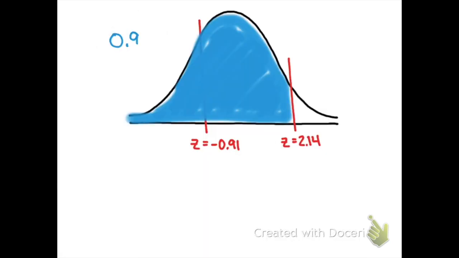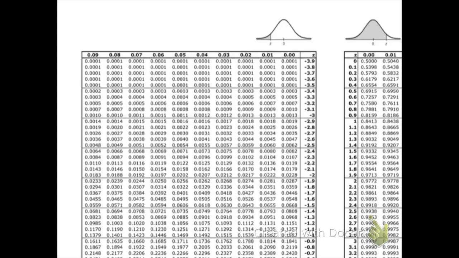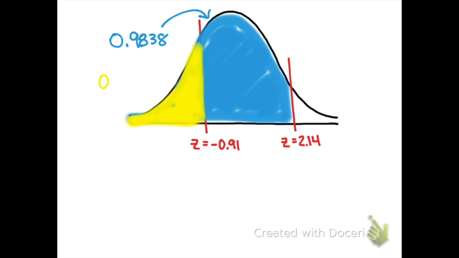So the area shaded here to the left of z equals 2.14 is 0.9838, but this is not the area that we're looking for. The next step is to find the area to the left of negative 0.91. Negative 0.91 gives us an area of 0.1814.